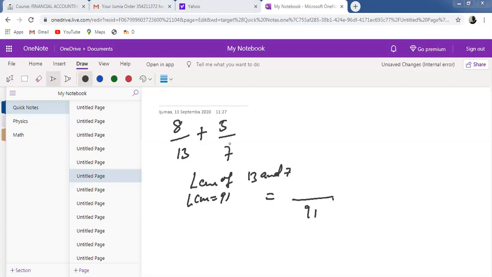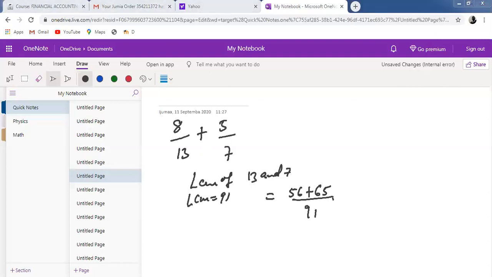So this is how we are going to do it. We have 91 divided by 13, which is 7. 7 times 8 is 56, plus 91 divided by 7 is 13. Then we shall have 13 times 5, which is actually 65.